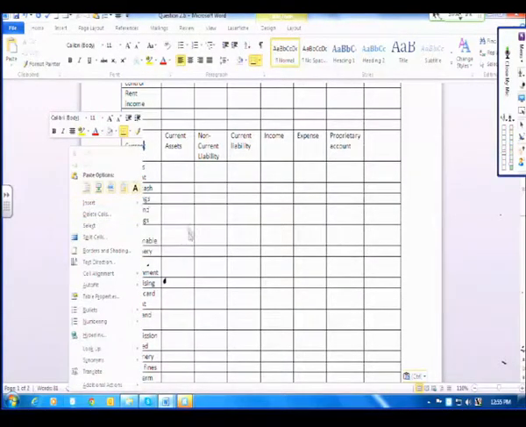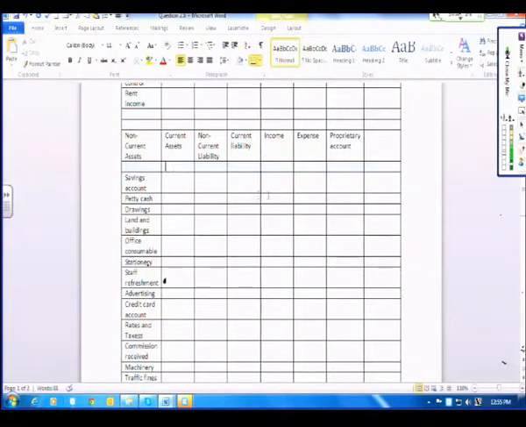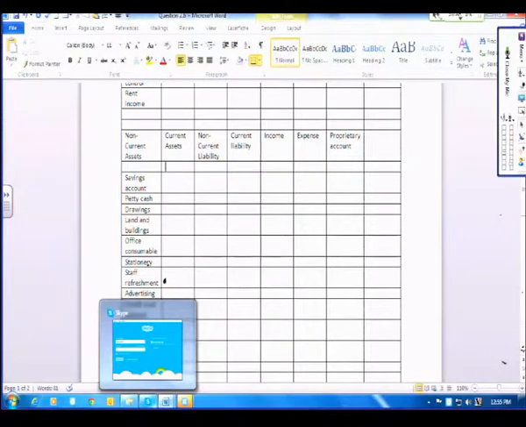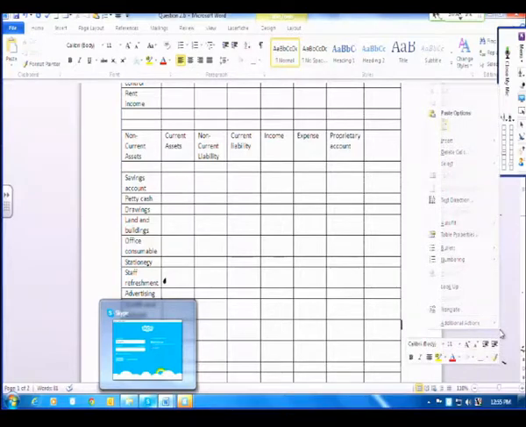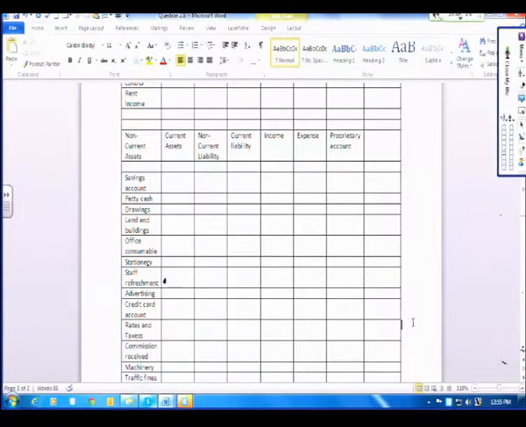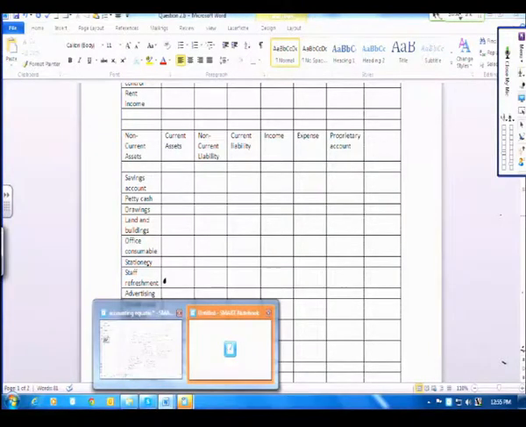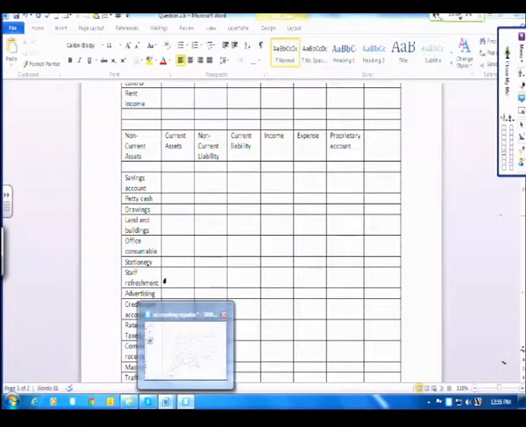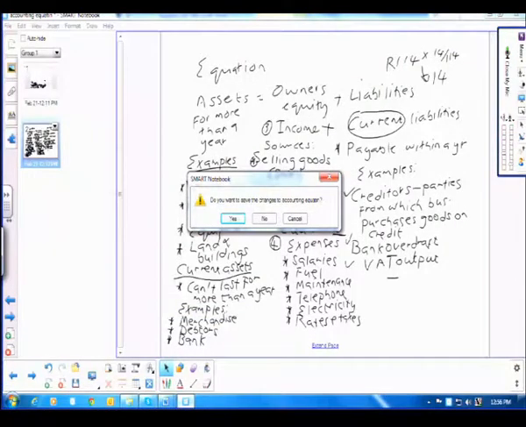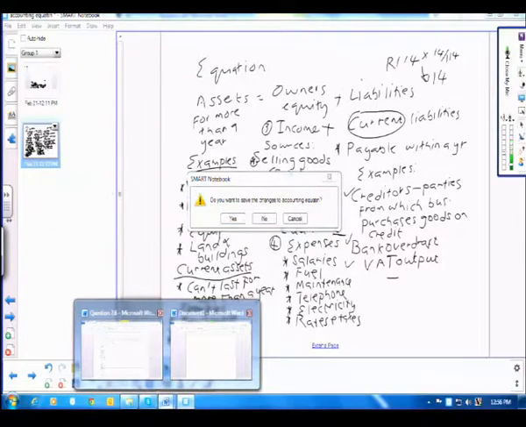If we just insert the cell below, we can just say, okay, so this is not where I want to go.